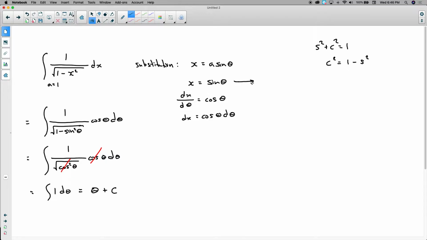So you need to remember that x equals sine theta means that the arcsine of x is theta. Okay, so then we'll replace that, and you can write it arcsine, or you can write sine inverse, whichever way you wish. And that is my first example.